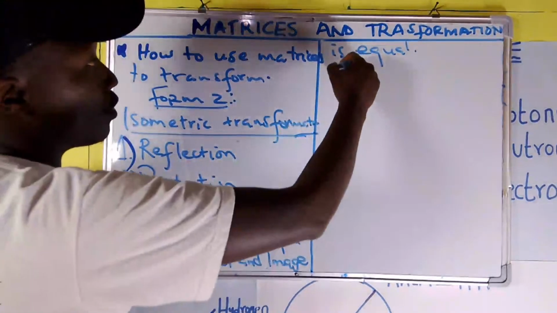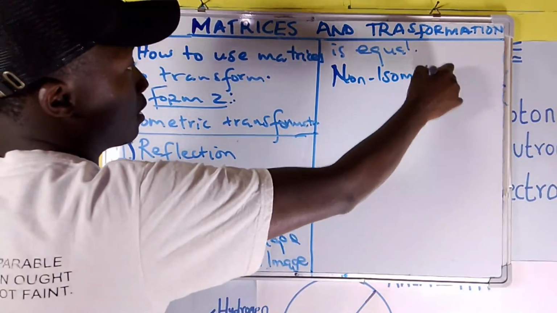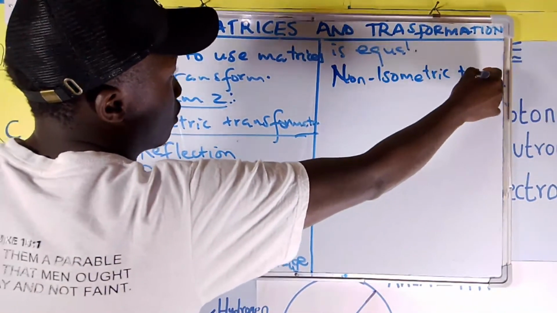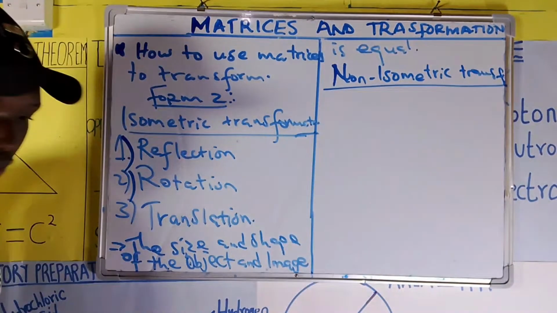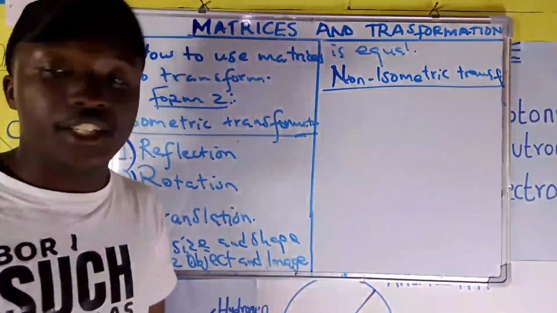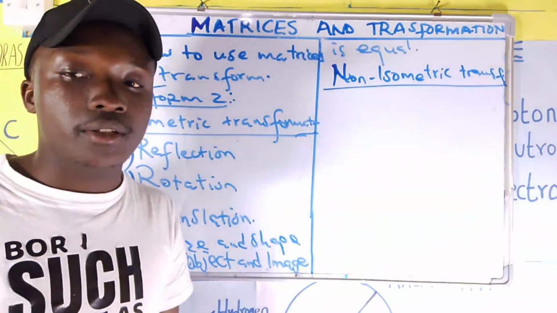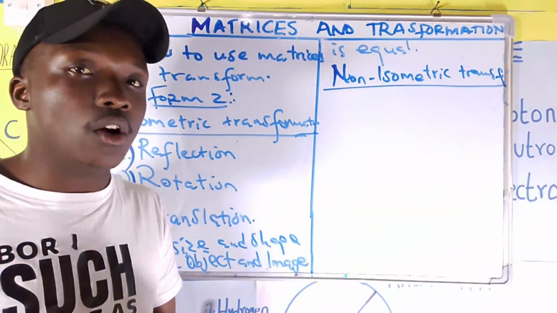Then we have what we call non-isometric transformations. Non-isometric transformations are those transformations in which the shape and the size of the image is altered.